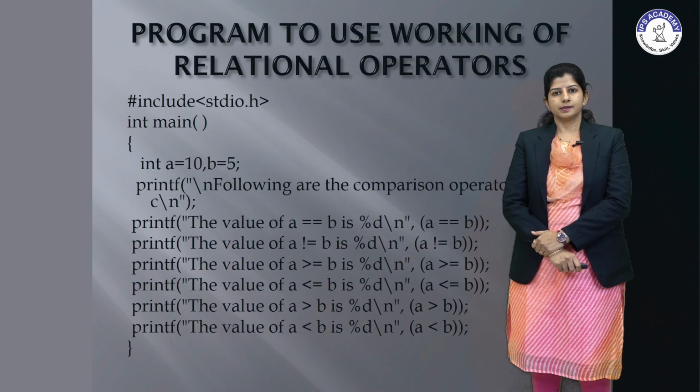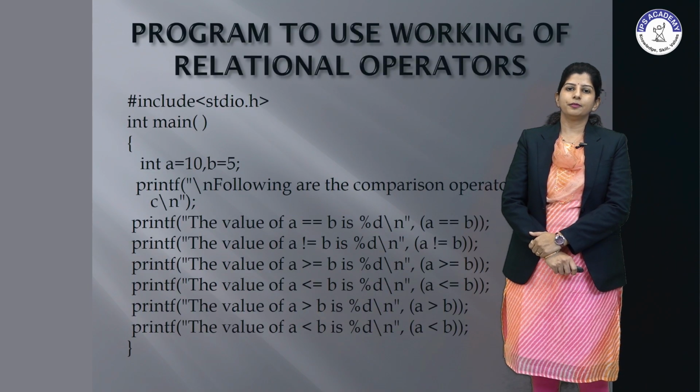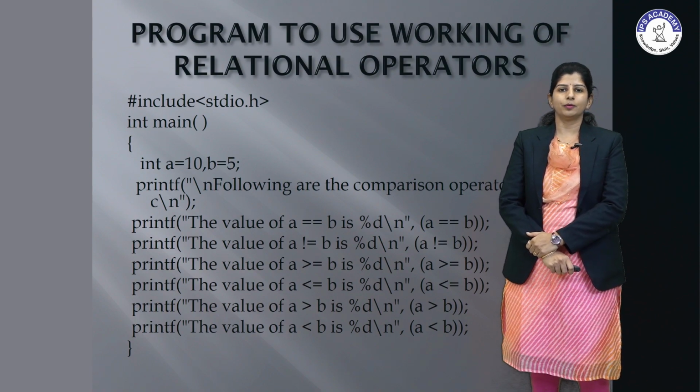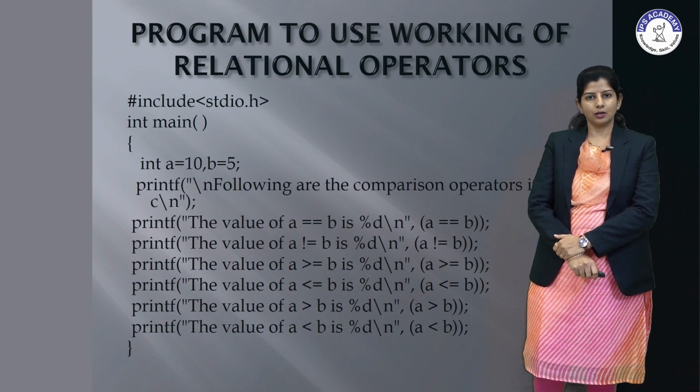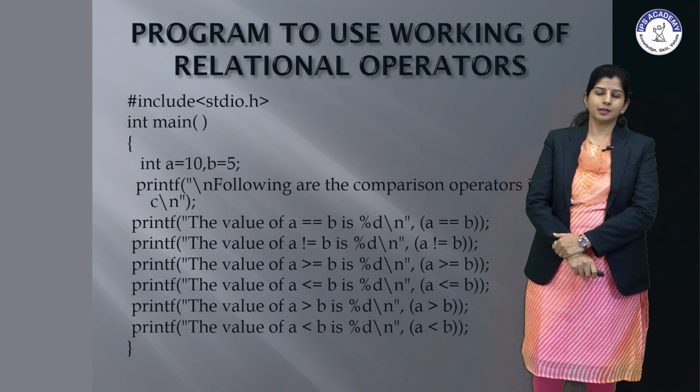All the operators are very easy and friendly to use, and with the help of a program we can use all of them. These relational operators are generally used to perform comparison between two values.